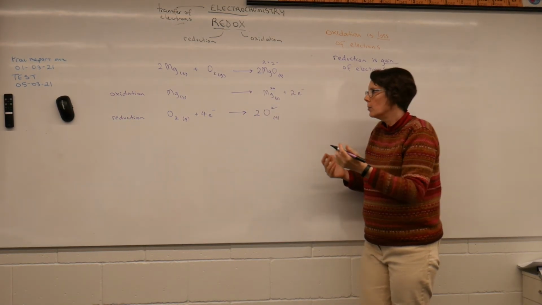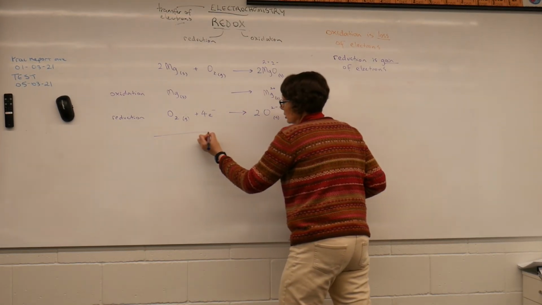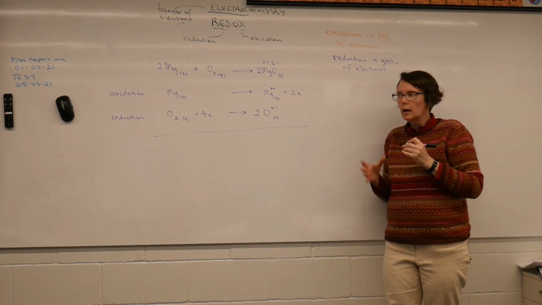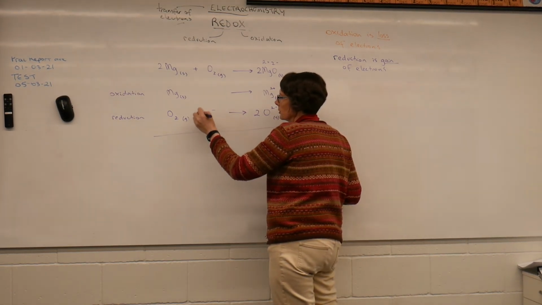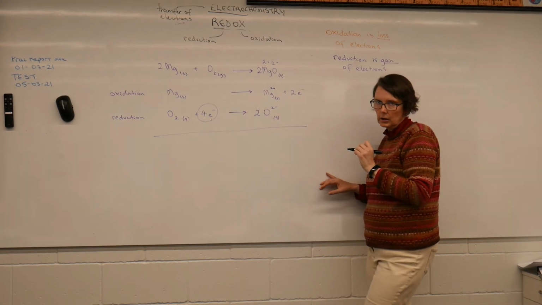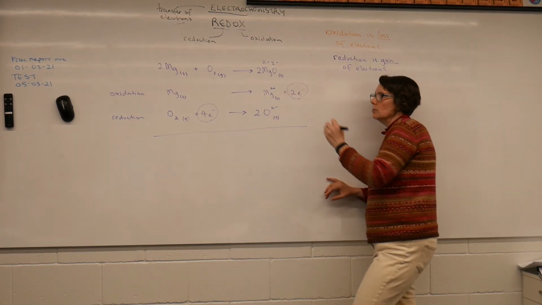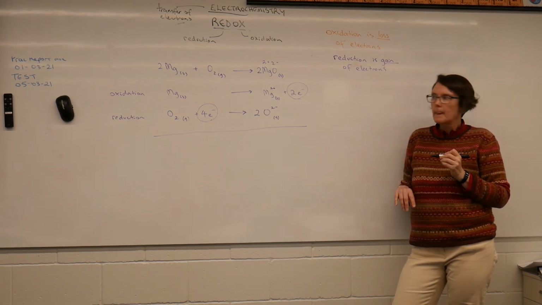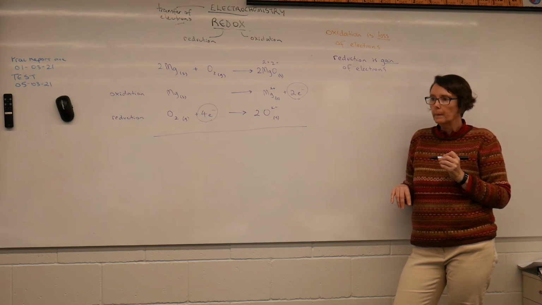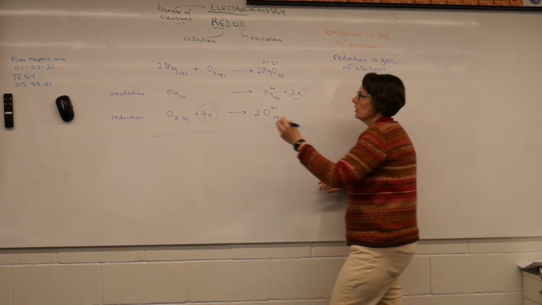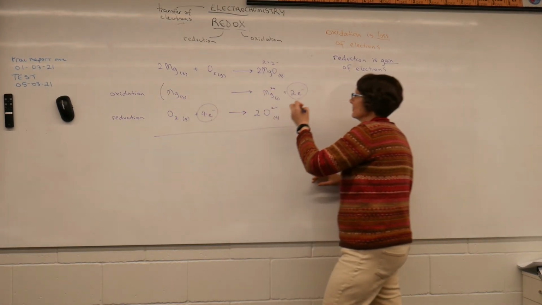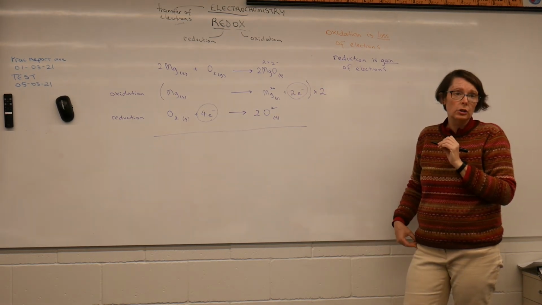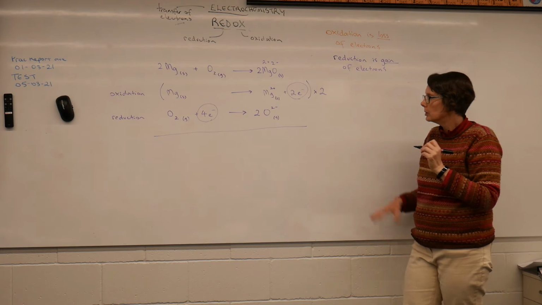But if I wanted to write out a full redox equation, I need to balance the electrons. At the moment, I've got 4 electrons in my reduction half equation and 2 electrons in my oxidation half equation. So what do you think I'd do? Multiply everything by 2. Okay, and how I would normally write that is I put big brackets around the whole half equation and just write times 2.